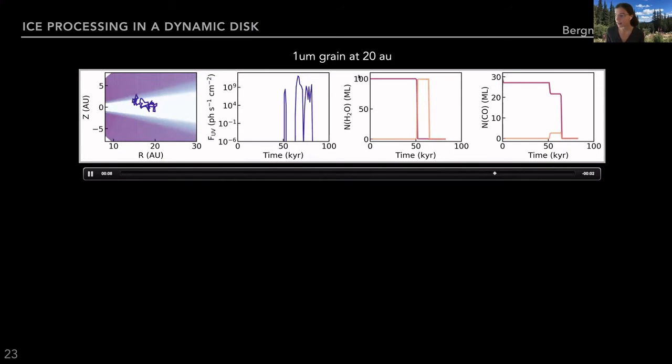And then in the far right panels, we're looking at the thickness of water and CO ice at a given time. So the pink is the parent molecule and the orange is its dissociation product, which we track separately. So in the inner disk, we see these really sharp pulses of destruction corresponding to the intense bursts of UV that these particles are exposed to.